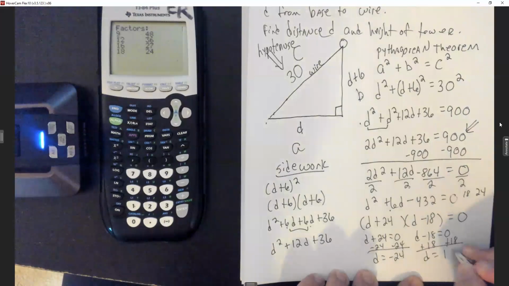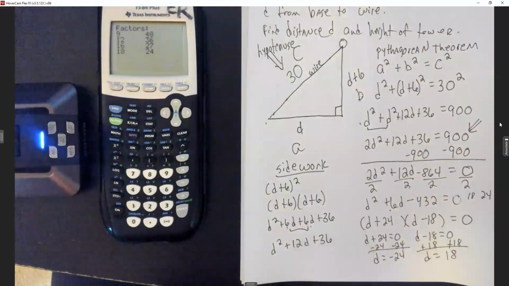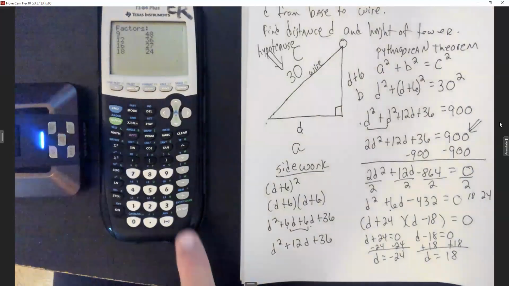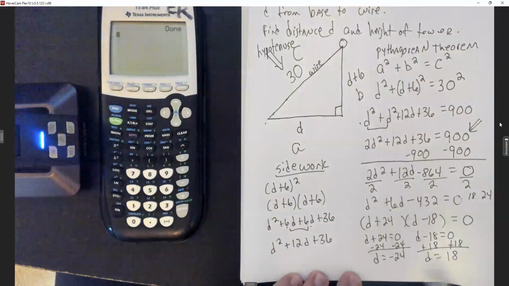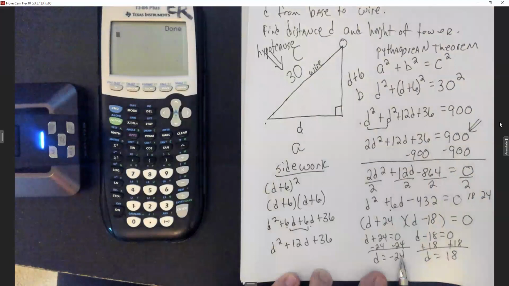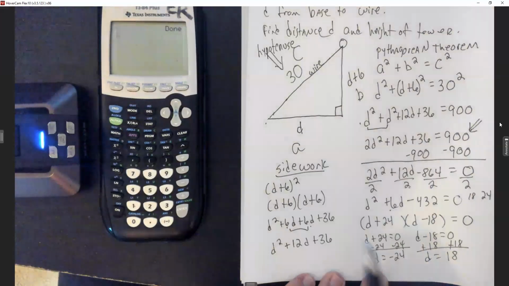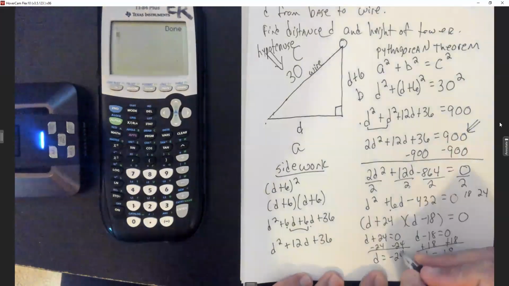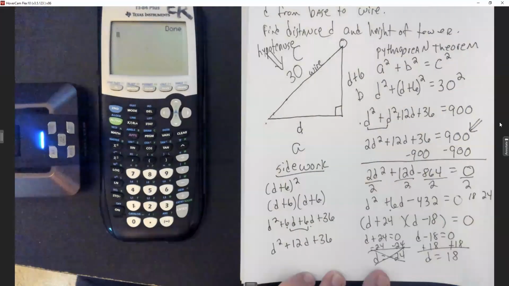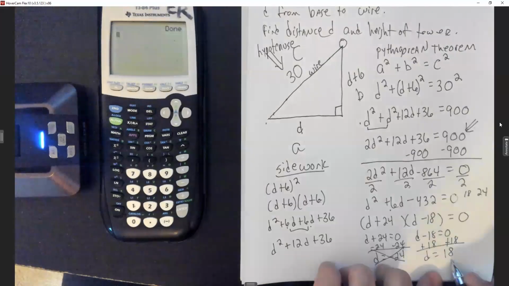But let me tell you, since this is like a real world problem, there's only one answer I can take. That D cannot be negative. So since you're doing a distance problem and you got a negative answer, you're going to cancel out that negative answer. You cannot have a negative distance. So distance would be the one that was positive.